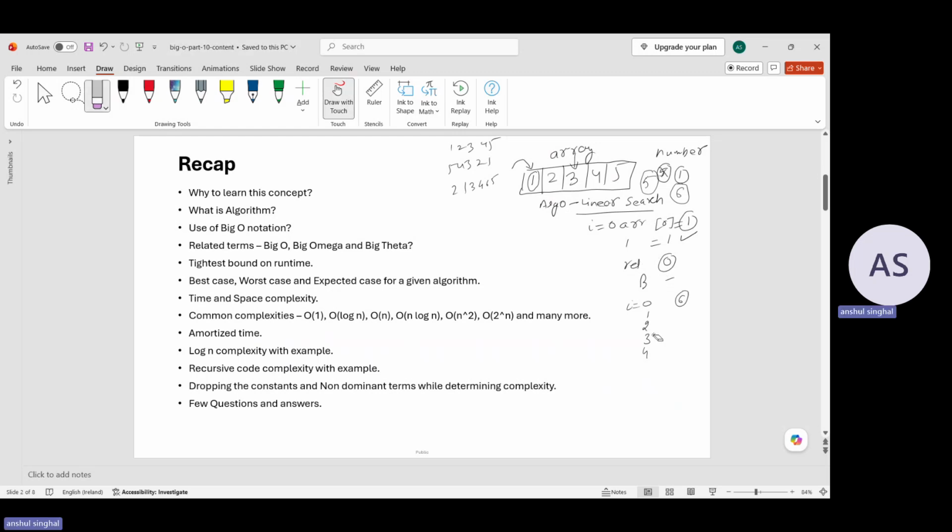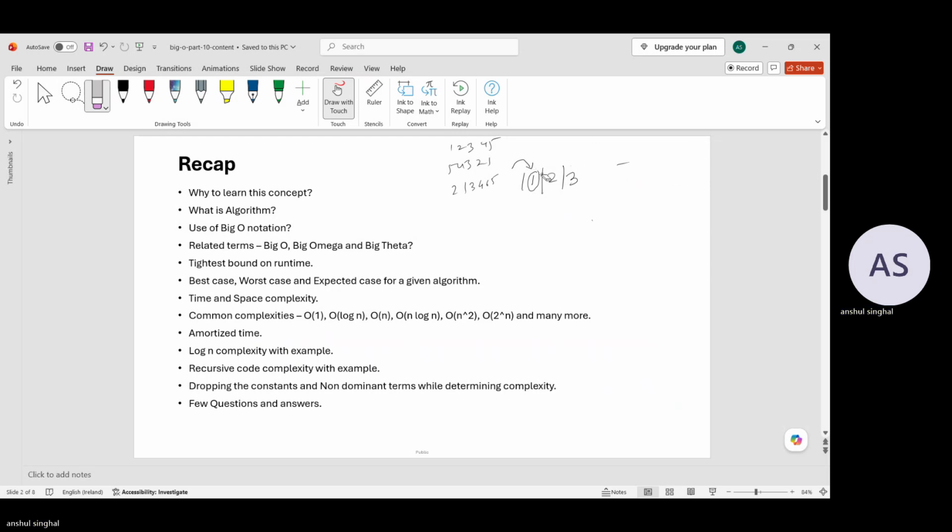And then basically, if I just clear this out, right? Then we looked at the log n complexity, right? So in this example, we talked about the linear search, right?